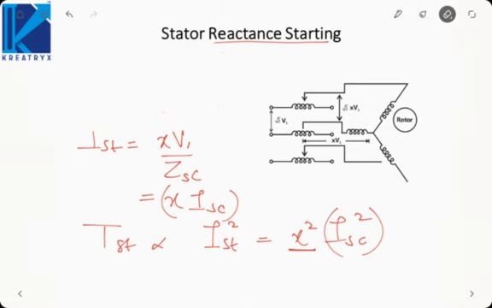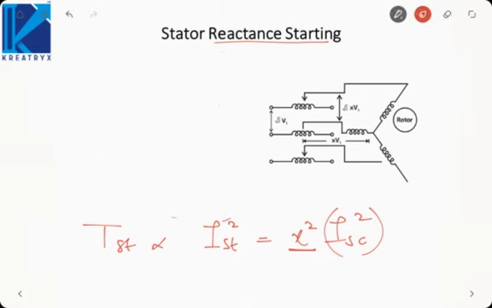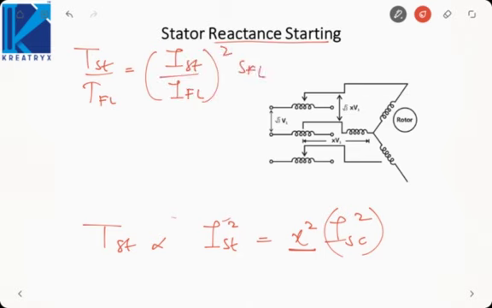Taking the ratio of starting torque to full load torque, T starting by T full load equals I starting by I full load square times S full load. I starting can be written as ISC, so it is ISC by I full load square times S full load. So the starting torque becomes x square times as compared to direct online starting. Suppose x is half, then the torque will become 1/4.